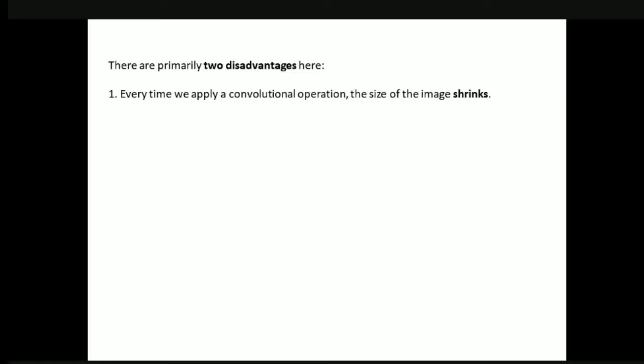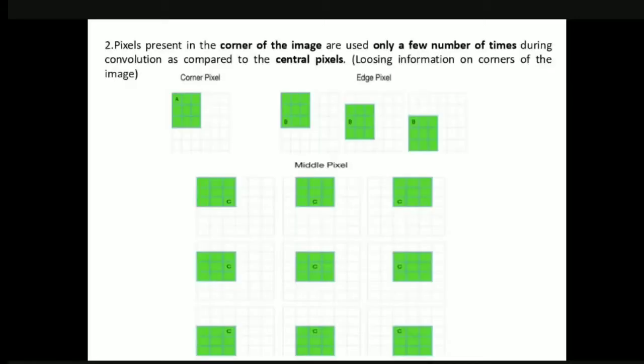The second main disadvantage is, observe carefully, this is one image and this is another image, and in the last there is another image. In the corner pixel image, A is present in the corner. If we do the convolution operation, how many times will this corner pixel be included in our convolution?